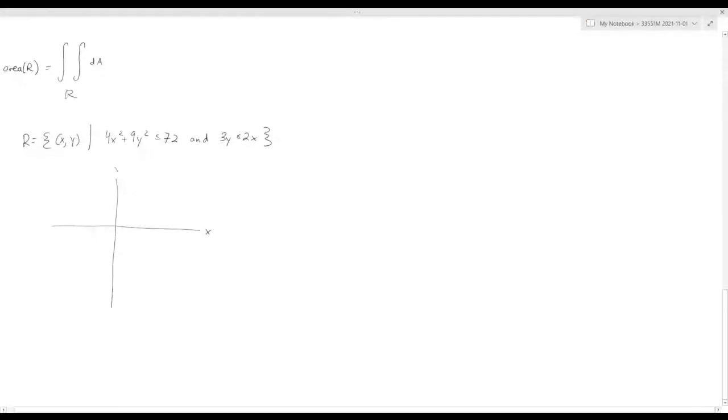So here are the x-intercepts. If y is 0, we get 36, 18. The x-intercepts are plus or minus square root of 18, so 3 times square root of 2.